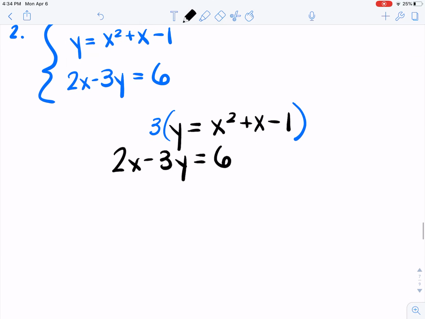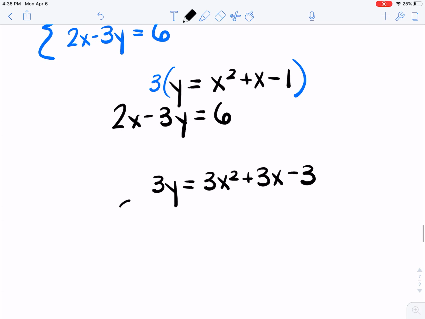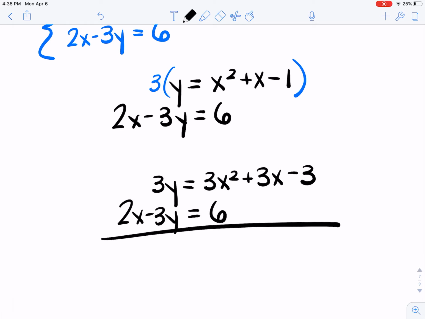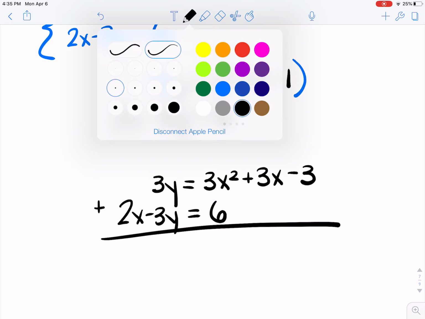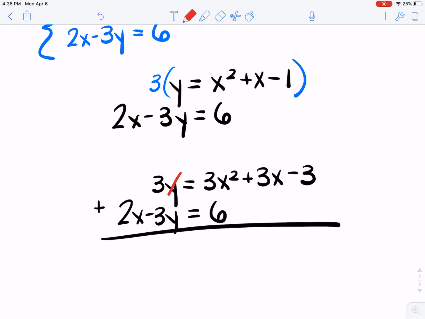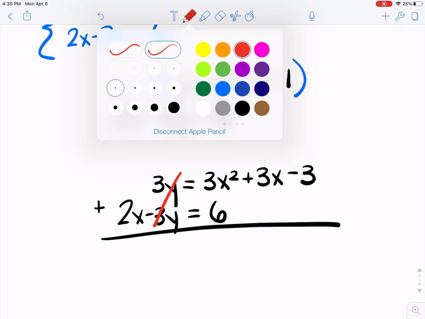When I do that, I'm going to get 3y equals 3x squared plus 3x minus 3. I'm going to rewrite that second equation, the linear one, just down below it. And now I'm going to combine the two equations. So once again, the whole point of me multiplying by 3 was to cancel those out.